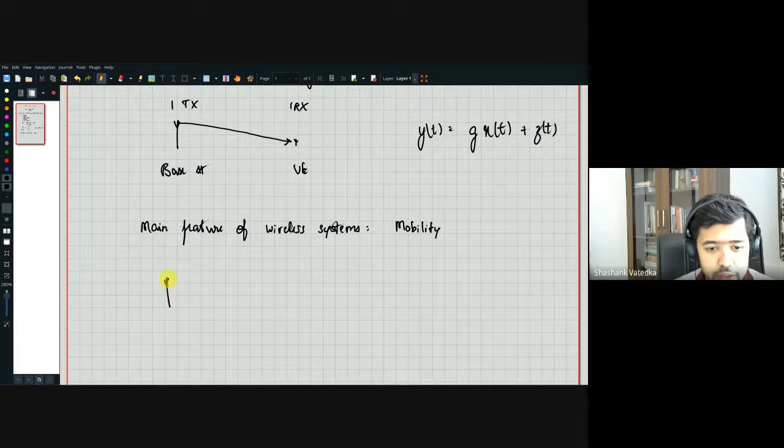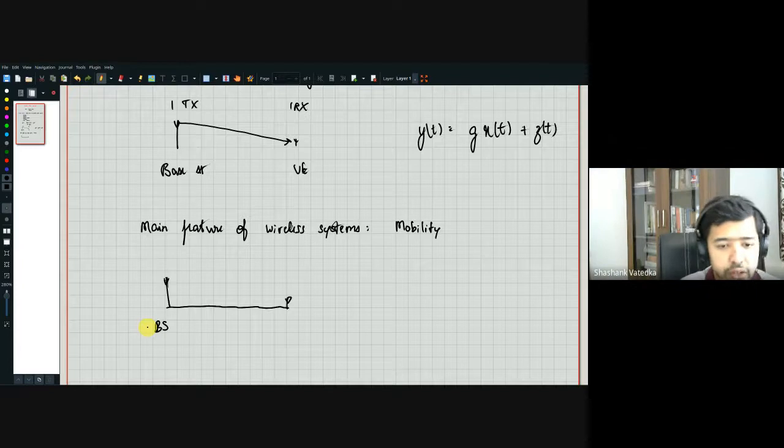All right, so let's suppose that we have one transmitter and one receiver. For now let's assume that they're stationary. The base station is typically mounted on some tall tower in order to give sufficient coverage, in order for there to be a significant line of sight component.